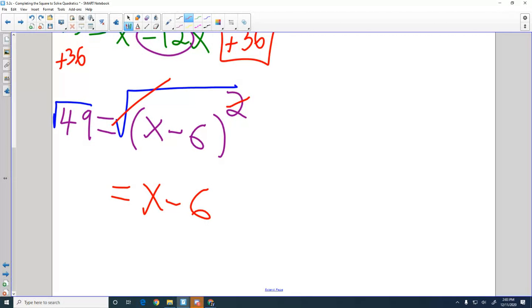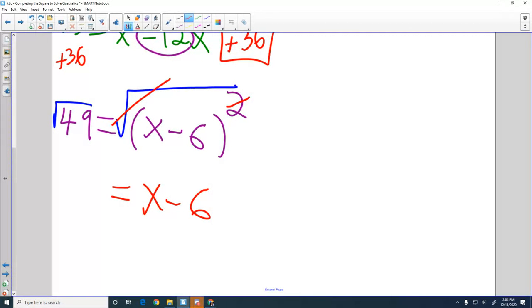We've almost got x by itself, don't we? Yes. What do I write on the left side? Ooh, 7 or plus or minus 7. How many answers do we get when we solve quadratics? 2. Right now, we solved for that x minus 6 squared. We're solving this equation by using a square root.